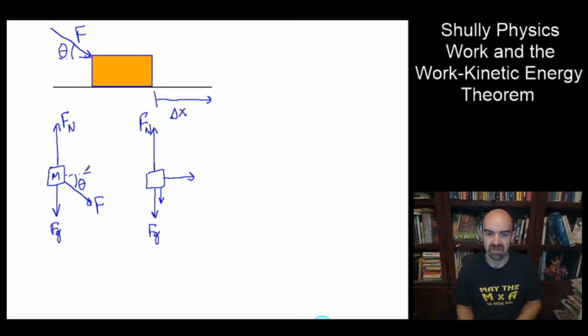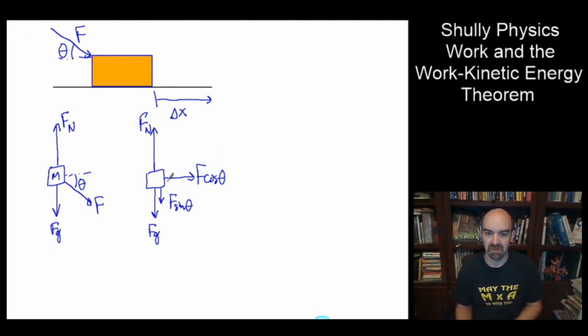The side adjacent to the angle here is the horizontal side, so this is going to be F cosine theta. And that makes this component down here F sine theta. Hopefully this is nothing new. Should look familiar at least. Maybe you haven't seen this particular situation yet.